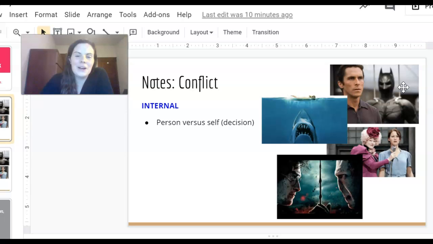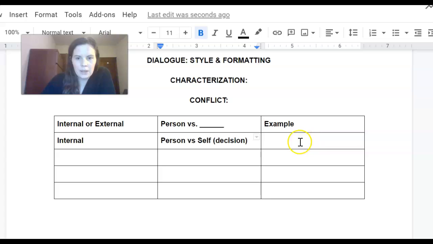You also know from probably maybe just even looking at a few of these examples that most stories include more than one conflict. We're going to talk more about that in a little bit. So internal, person versus self. Take a moment now and come up with an example, maybe from a TV show or a movie or a novel that you've read, of a person versus self conflict.